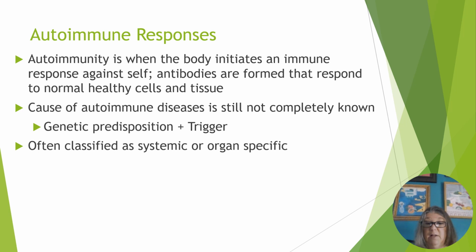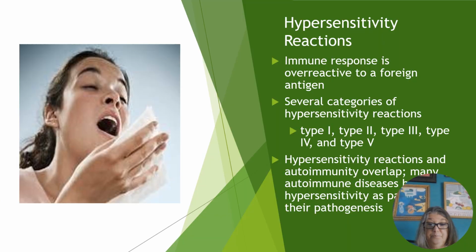Autoimmune diseases are often classified as systemic or organ specific. So when we say systemic, it means it affects the whole body, or if it's organ specific, like lupus can target the kidneys. Eventually you're going to see a systemic response, but initially it could just be the kidneys, okay?